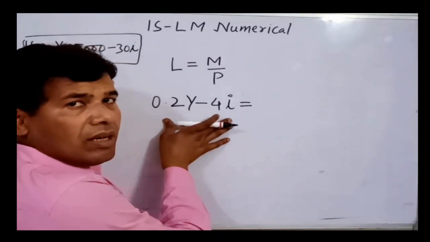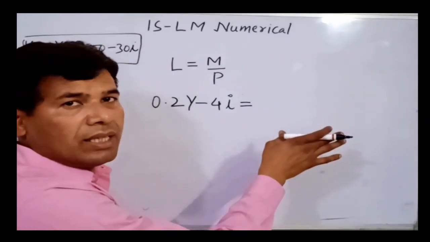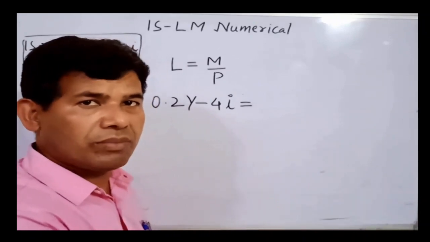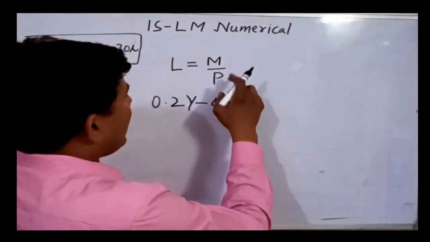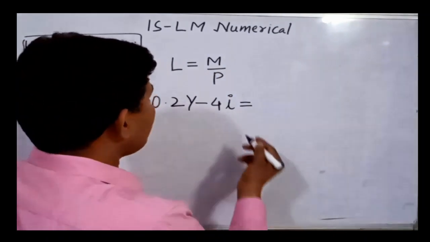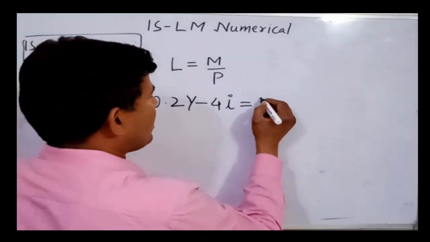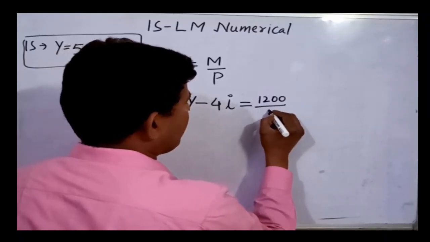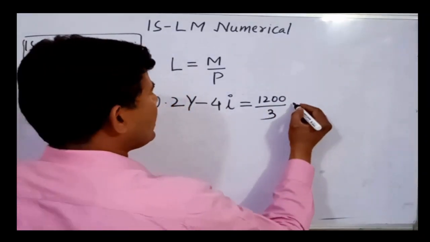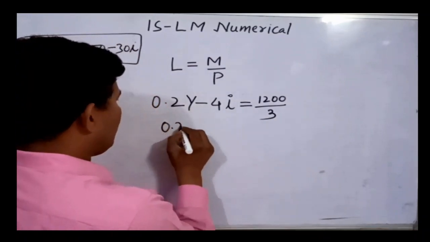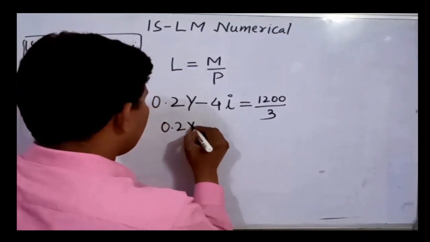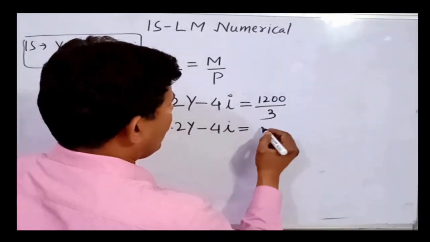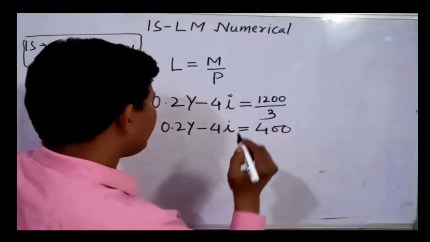Money demand must be equal to money supply to fulfill the conditions of money market equilibrium, right? So you have been given in the question the value of M, which is 1200 nominal money supply, and price is given by 3. So what do we get? We get 0.2Y minus 4I is equal to 400, right?